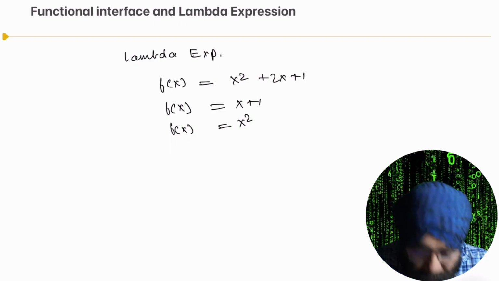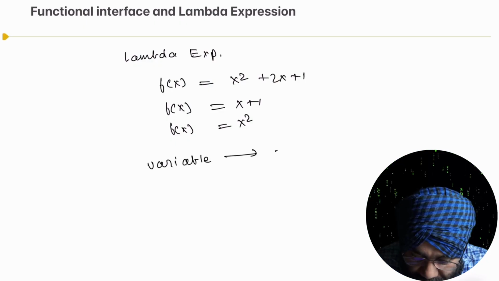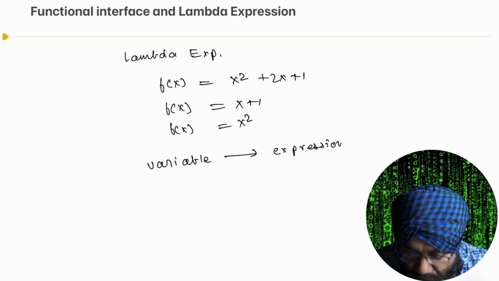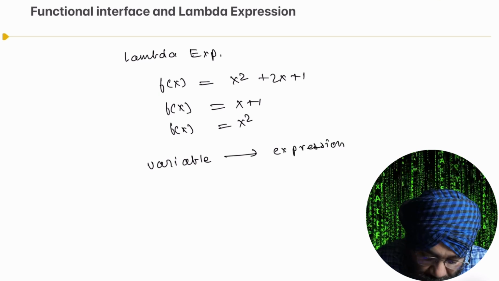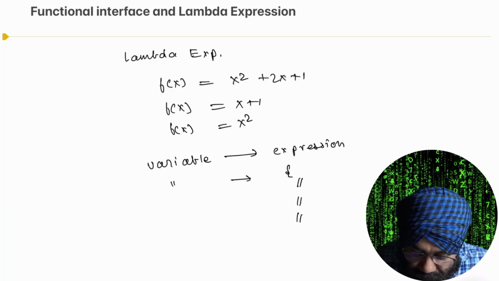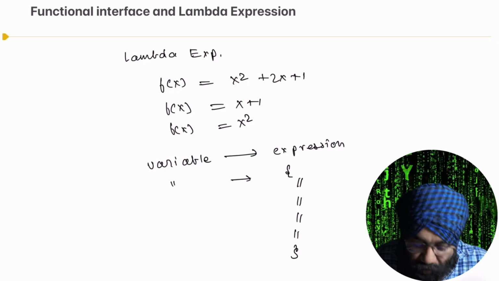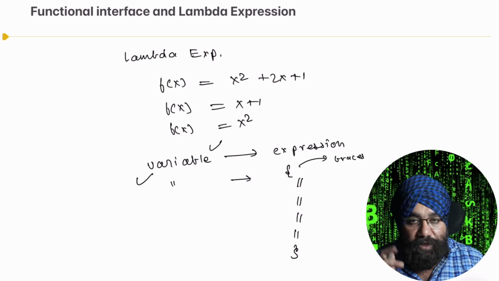Similarly, a lambda expression is a variable and an expression for that variable in Java. In other words, a variable and a set of lines for that variable in curly braces. Both of them represent a lambda expression.